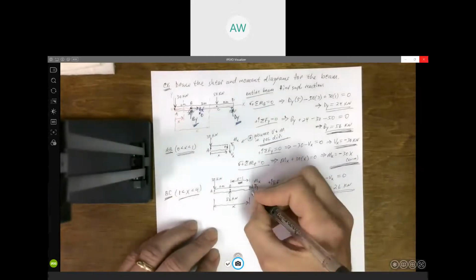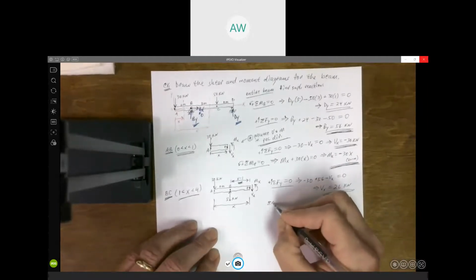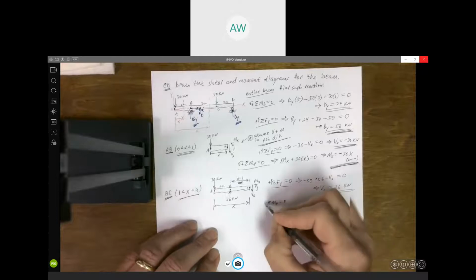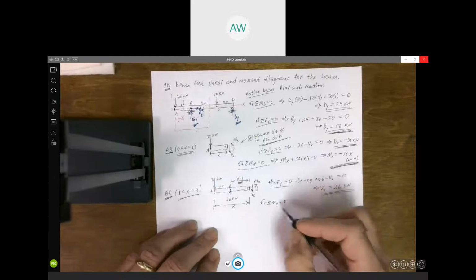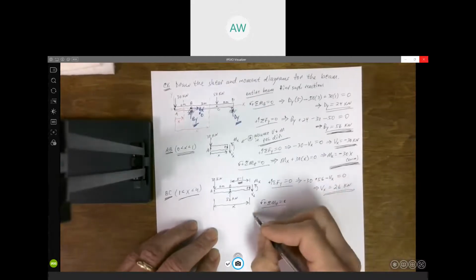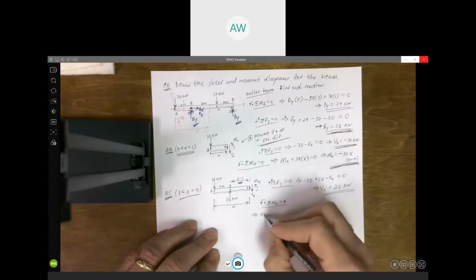Again, I would sum the moments where I cut it. So if we sum the moments about P, take counterclockwise positive. Let's see. So we have our moment Mx.